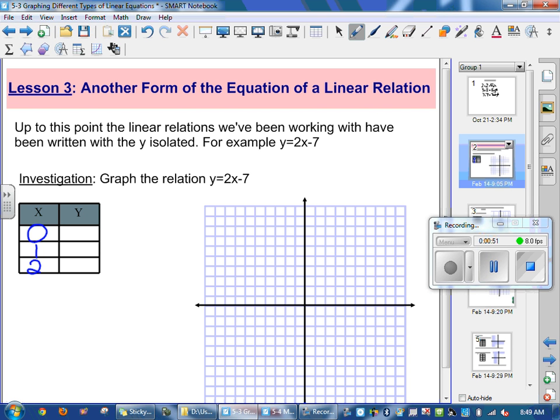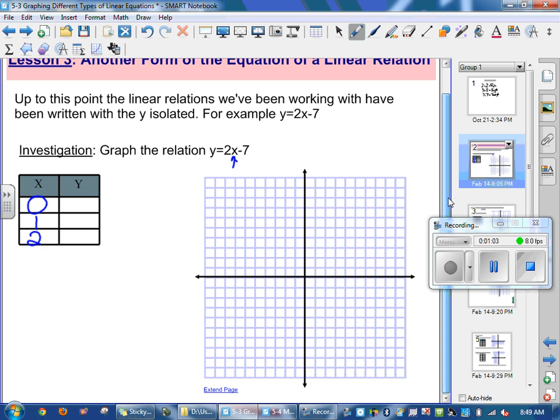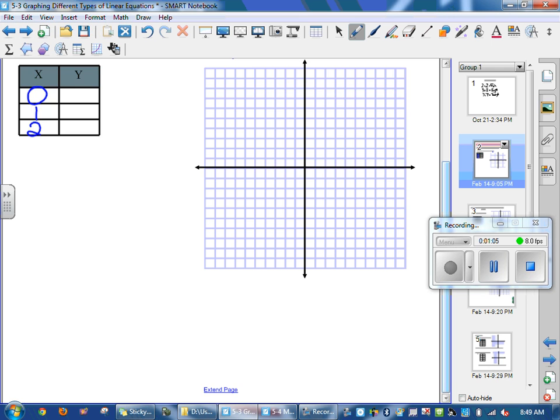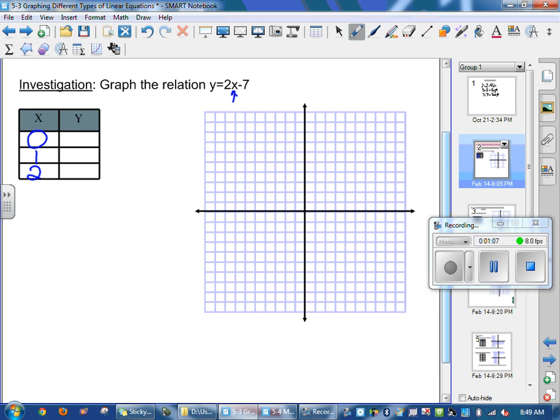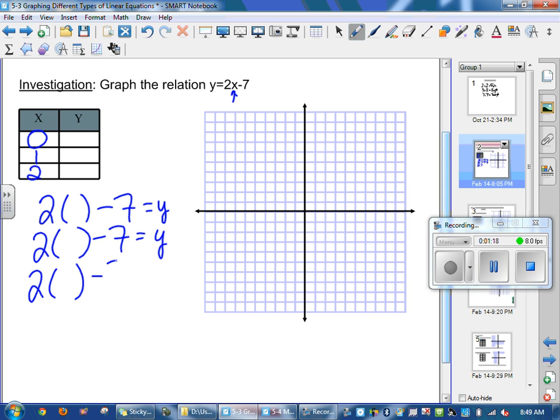Absolutely. Since we already have the equation, with that beautiful little x sitting there, we're going to put all of those x digits in there. That's going to solve us the y after we do the math, and we have to do them each separately. So a strategy to use for that is to go 2 times the number, subtract 7 equals my y number. 2 times something, subtract 7 equals a y number.